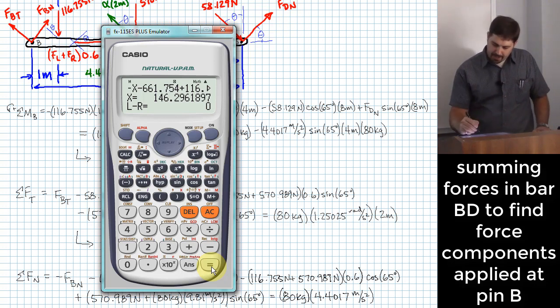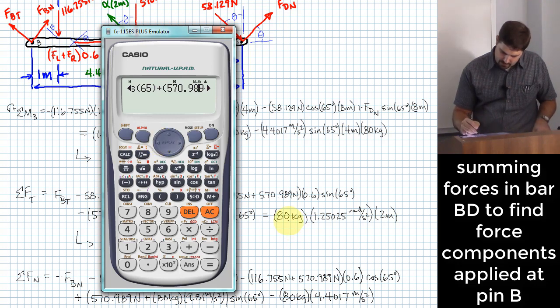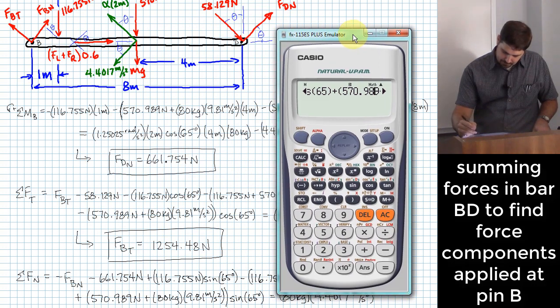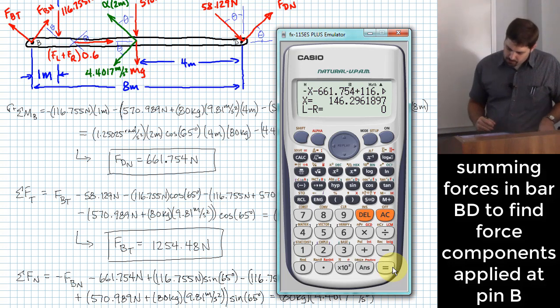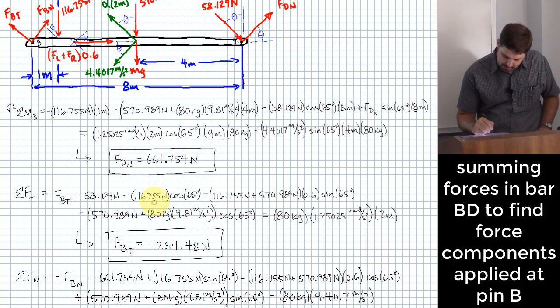At least if I did it all right. Okay, so 146.29. Is there any of that I should check? I think I got all that right. All right, so 146.296.